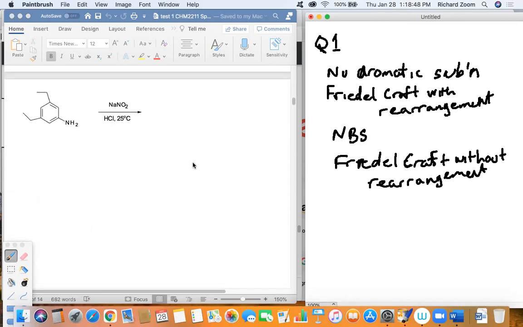You'll have a diazotization side reaction of nitrous acid. I'll say diazotization side reaction. We went through this one today too. Okay.